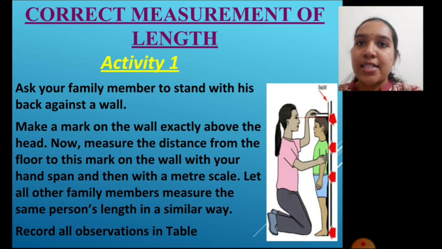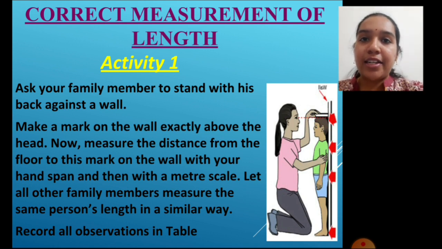Now, first measure the wall from the floor to the marking using your hand span. You already know what a hand span is and how it should be used for measurement. After measuring with your hand span, you will record the readings. Now, you will measure the same length on the wall using a meter scale. You will record these observations also.